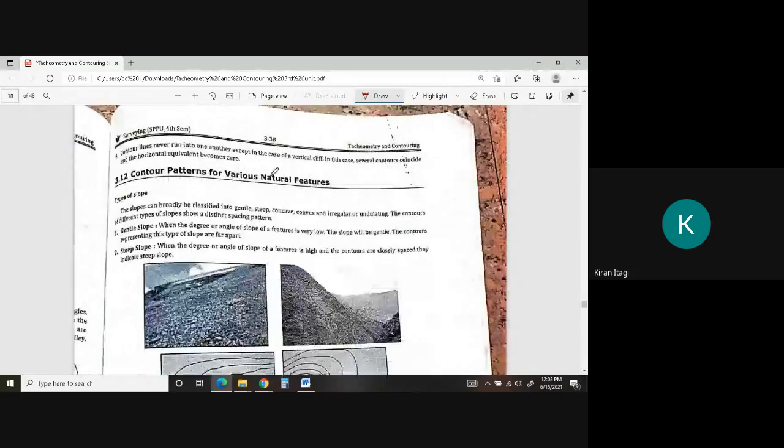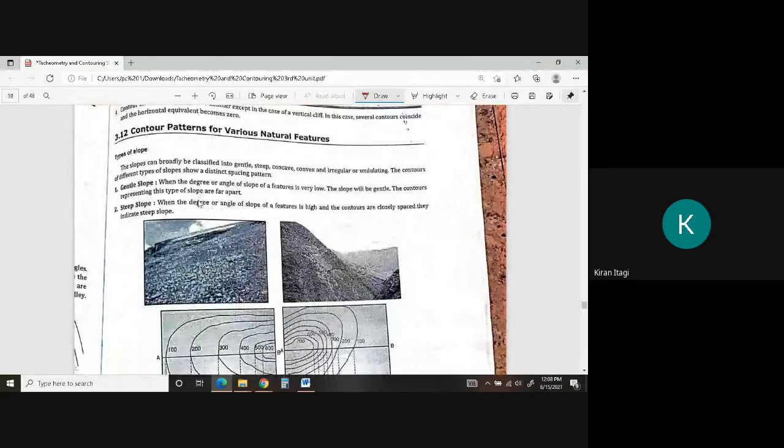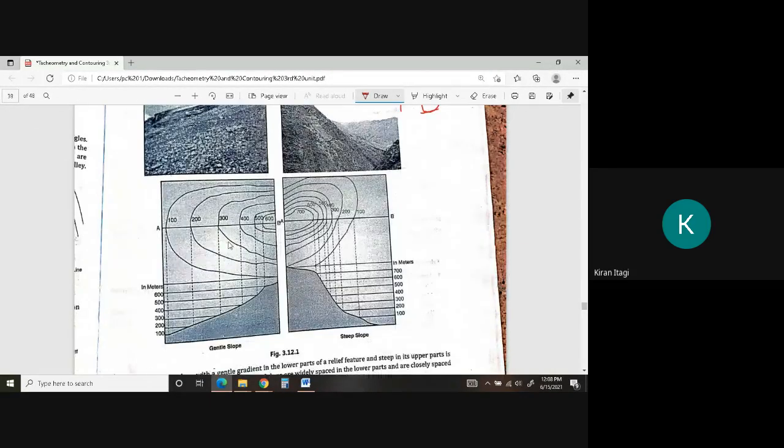In this, you will be getting questions on types of slopes. See, if you have a mountain, or if you have a valley, this is a hill and this is a valley. So how do you represent it in the map? Here we can see the RL 700, 600, 500, 400, 300, 200, 100.